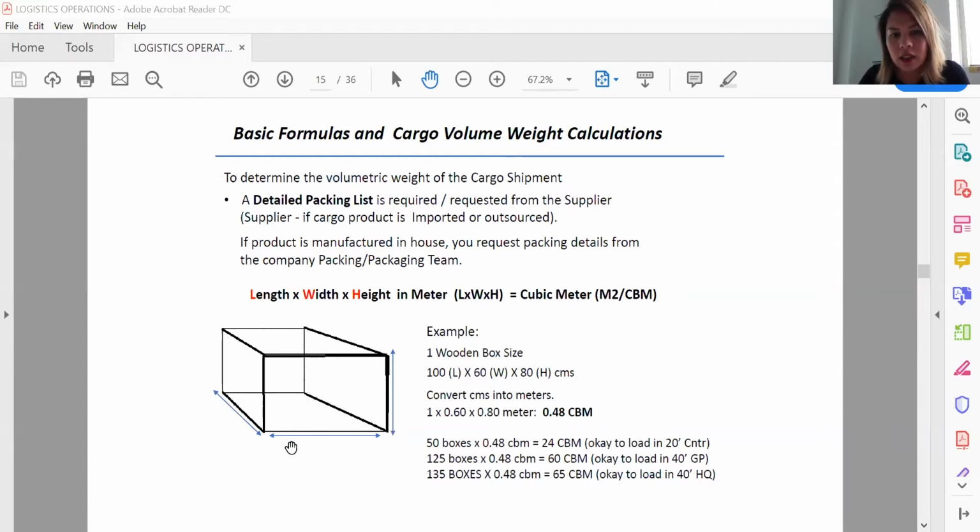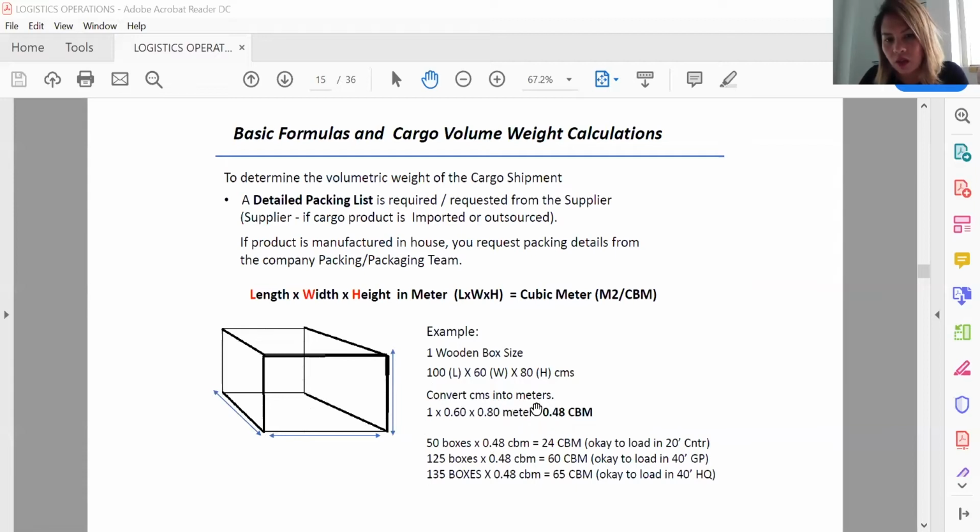Let's say it's 100 cms length and 60 cms width, and the height is 80 cms. You convert those cms into meters and you will get this calculation. You will get this sum.